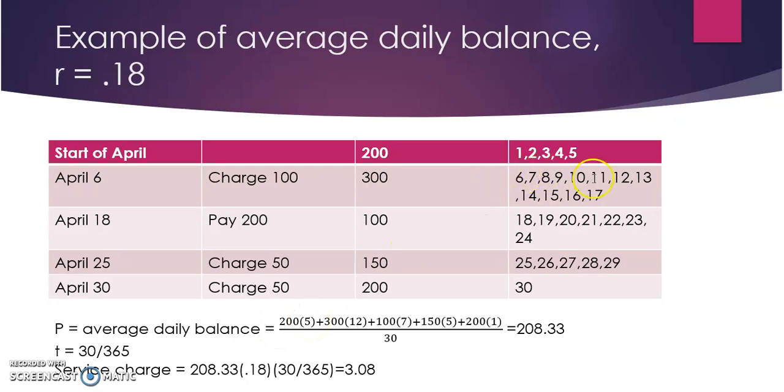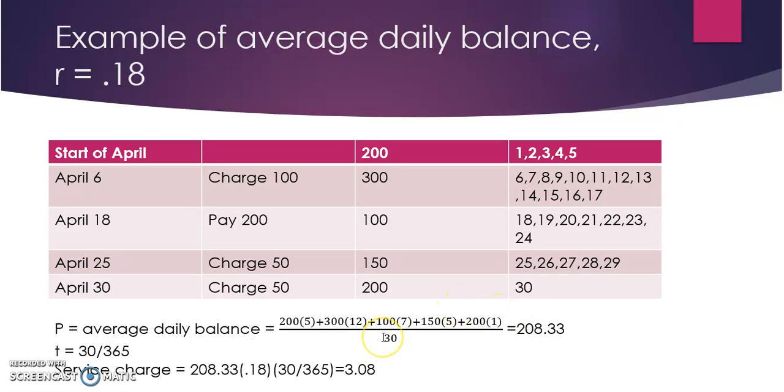And this 300 twelve times is the same thing as 300 times 12. And the 100 seven times is 100 times 7, 150 five times is 150 times 5, and the 200 once is 200 times 1. So this really is all 30 numbers added together. I'm just being a little bit smarter about it.